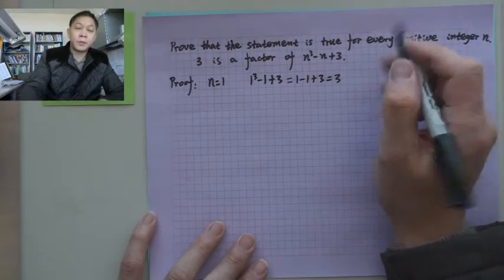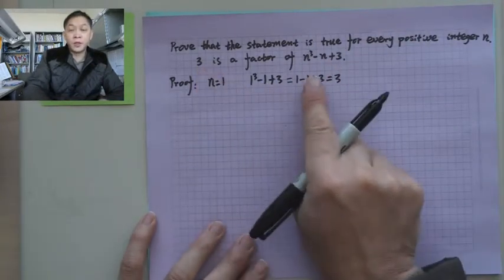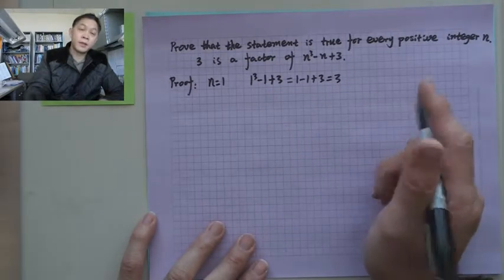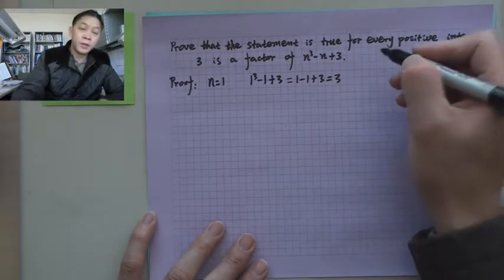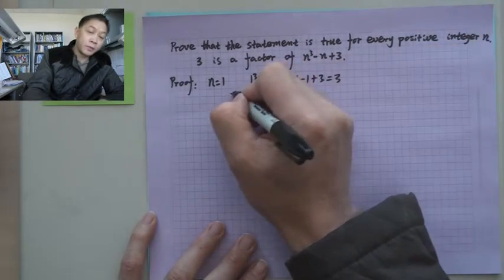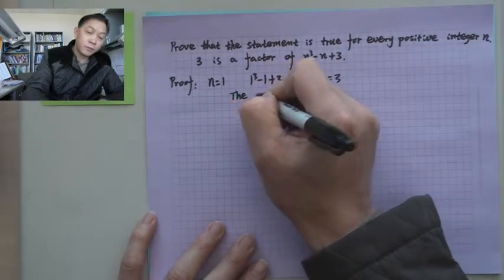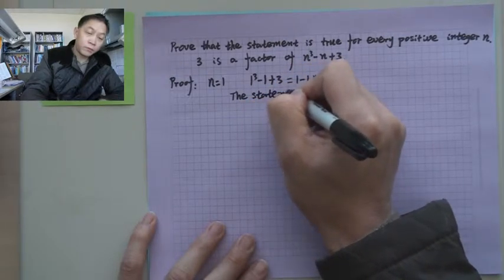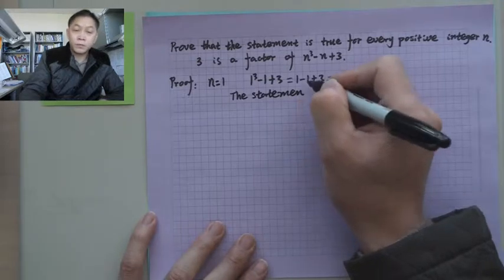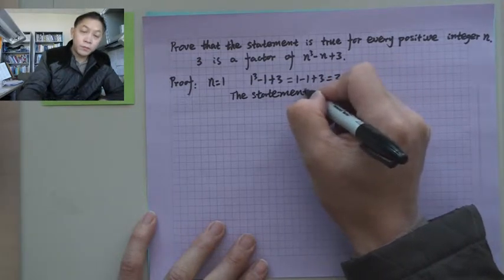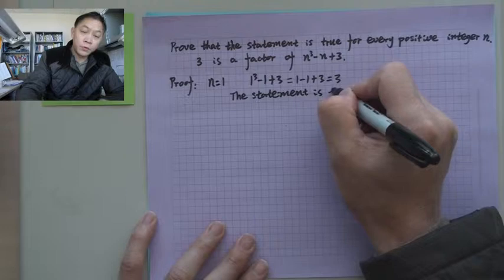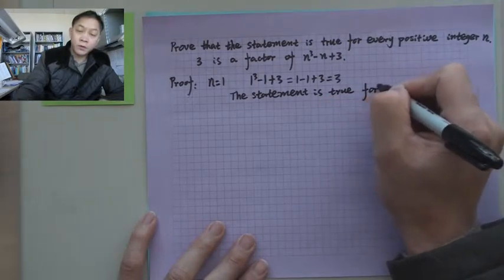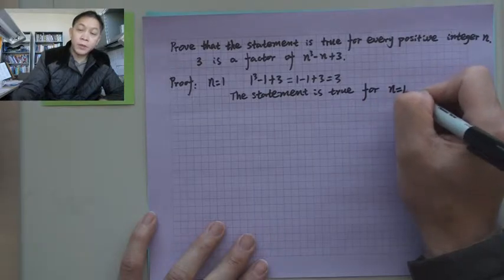And 3, of course, is a factor of this. So you may say the statement is true for n equals 1.